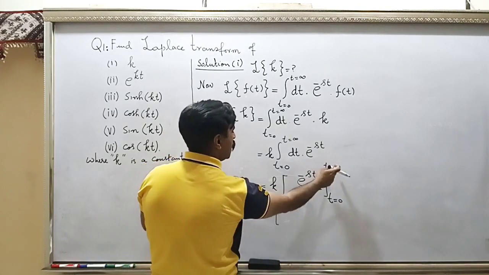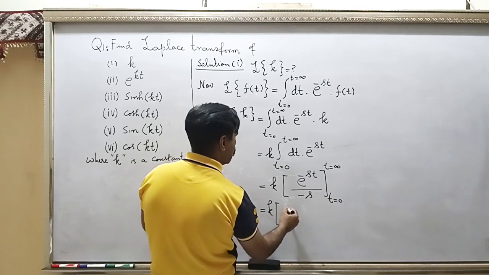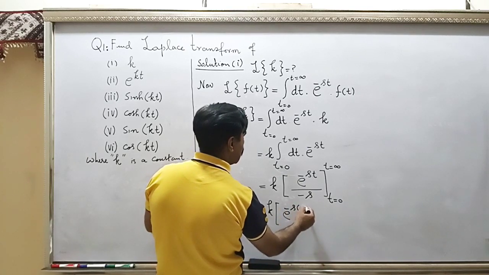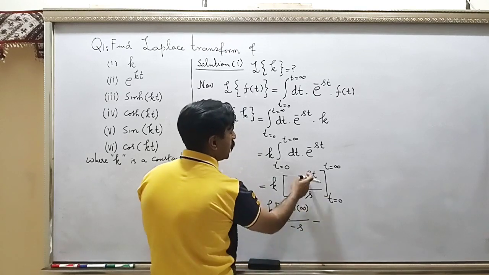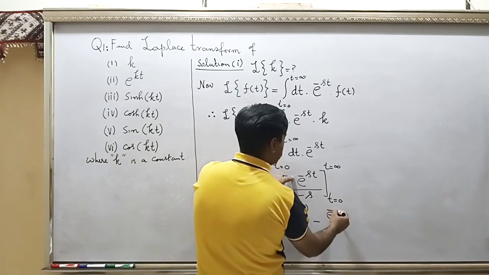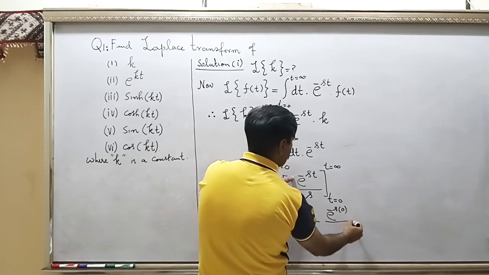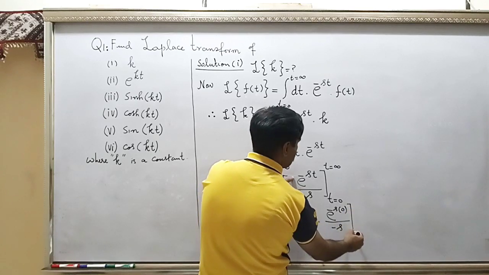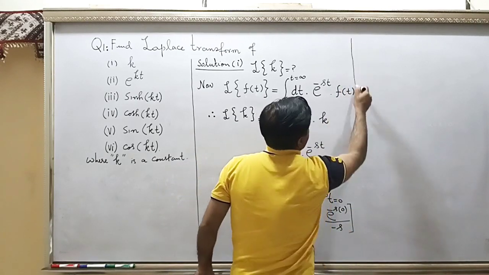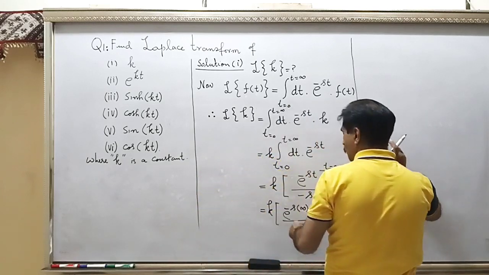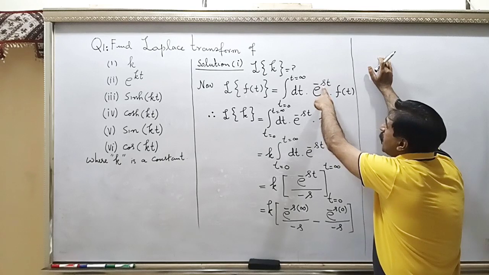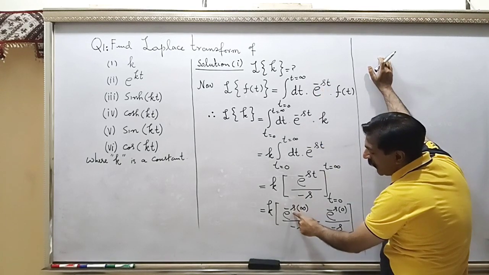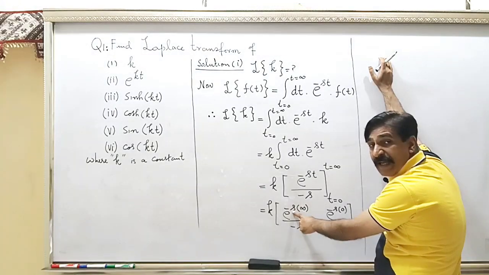Now apply these limits. k into, first t will be replaced with infinity, minus the lower limit, e to the power minus s into 0, divided by minus s. Next, this variable s was new and we know nothing about it, but here you have some condition on s.